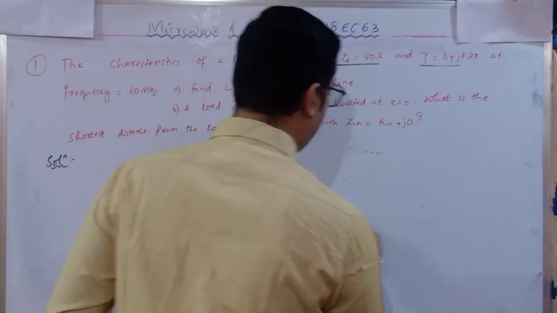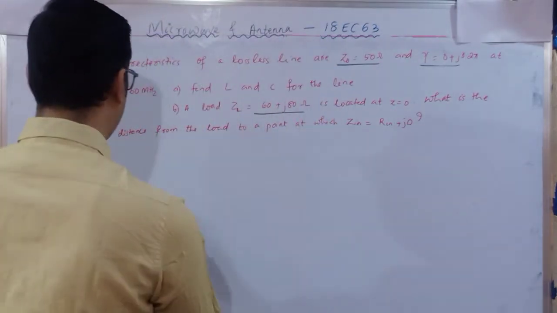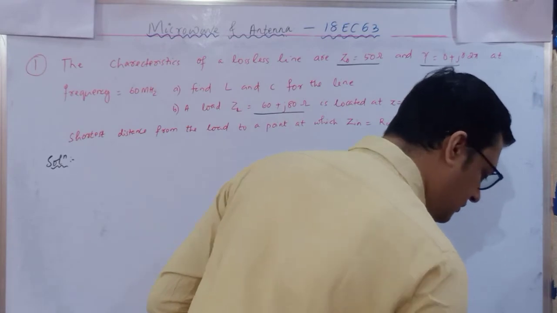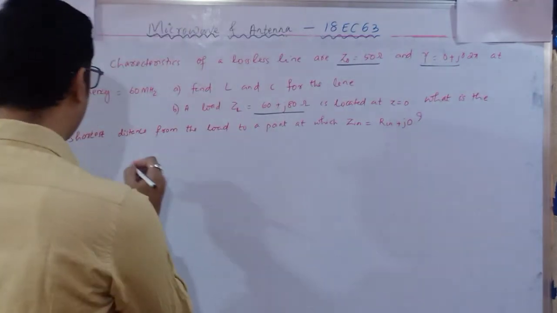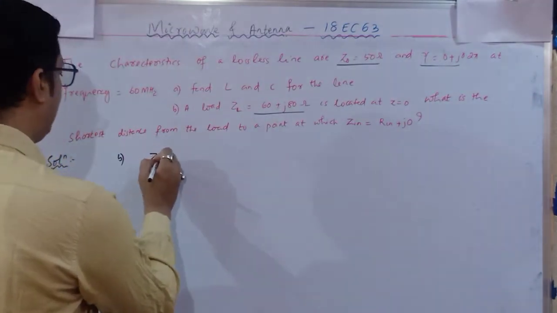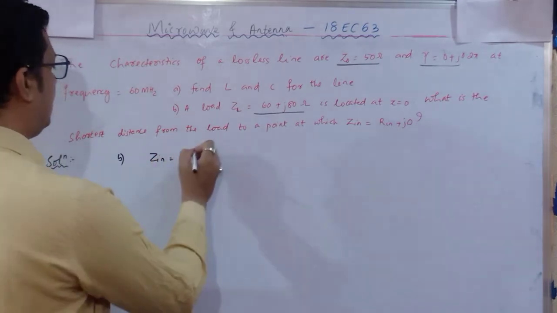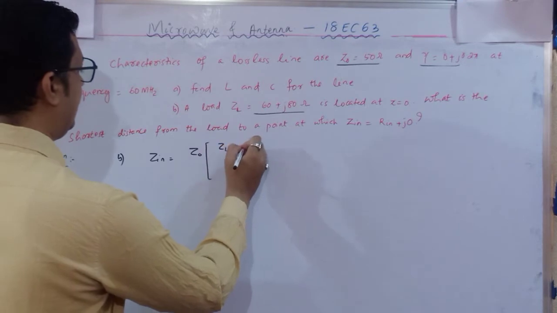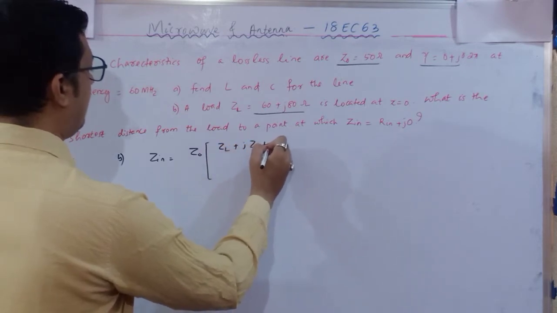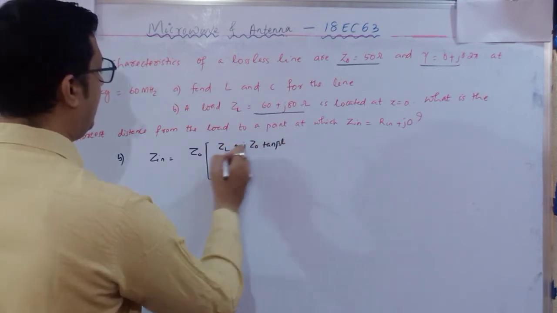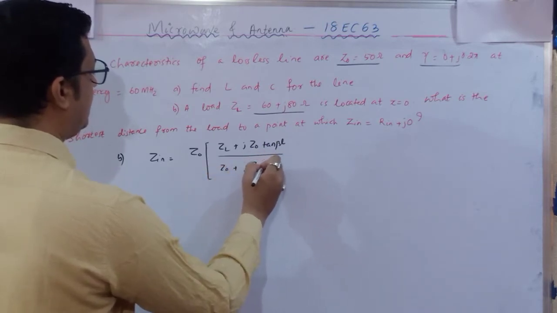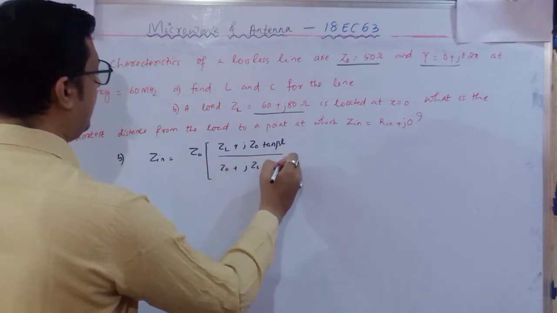Let me erase this. As we know, the input impedance for a lossless line is Z0 times ZL plus jZ0 tan beta l, divided by Z0 plus jZL tan beta l.